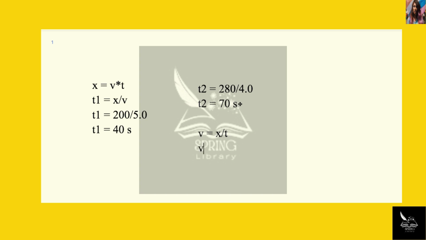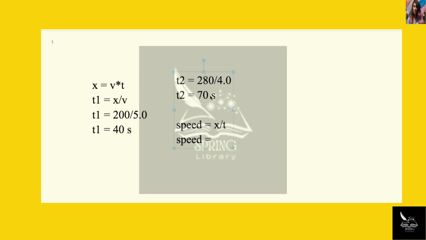So taking the total distance traveled, and let's call this S, or just call it speed, just to be extra clear, because I'll call the velocity V. So then the average speed is simply 200 plus 280 divided by 40 plus 70.